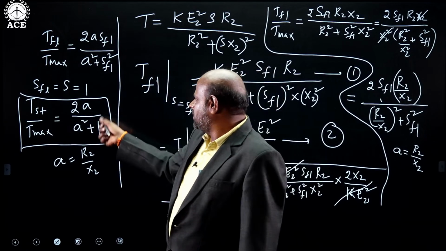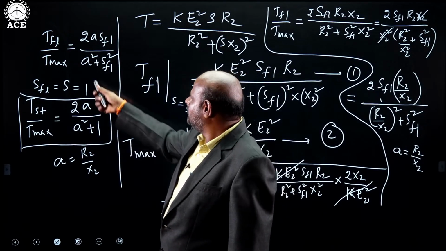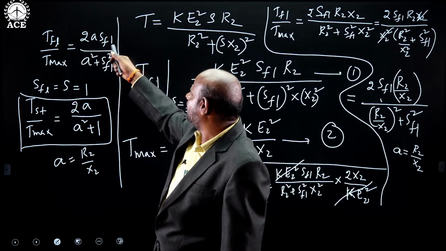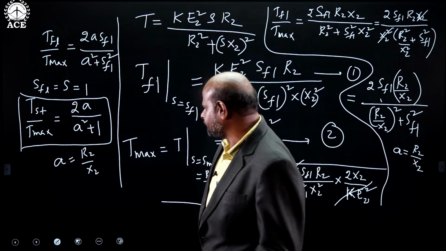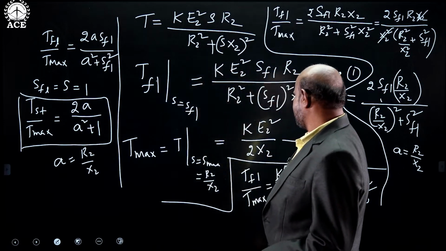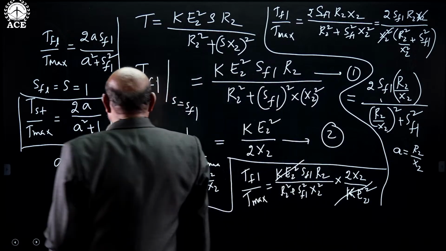For starting, 2A by A square plus 1. For full load, 2A SFL by A square plus SFL whole square. Clear? Just note down.